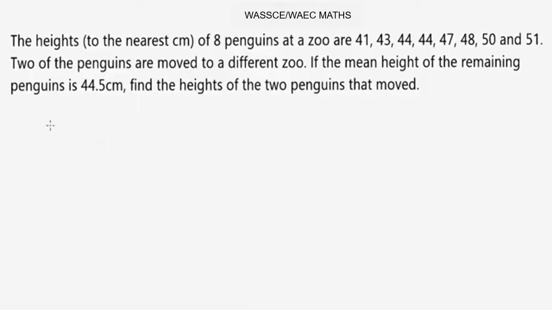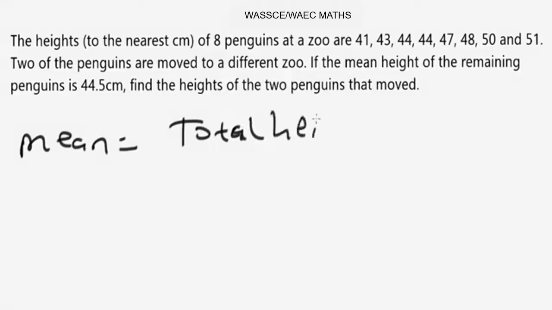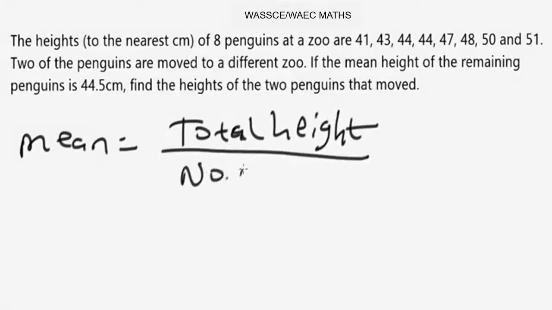Okay, firstly, the formula for this mean will be total height over number of penguins.